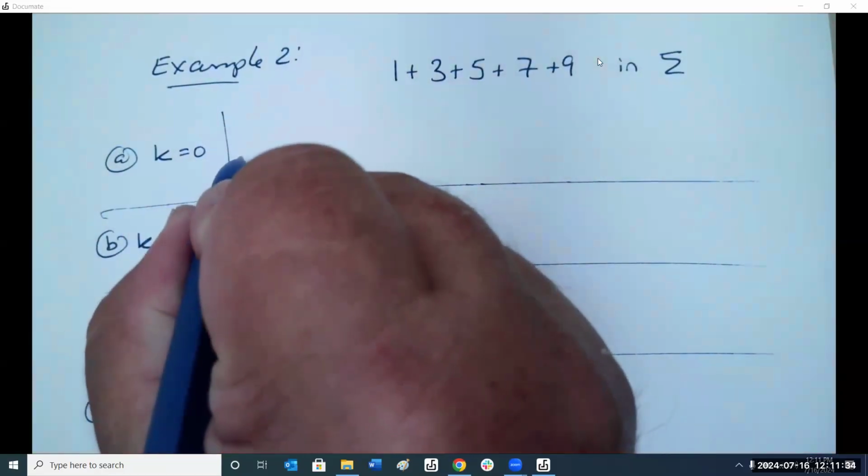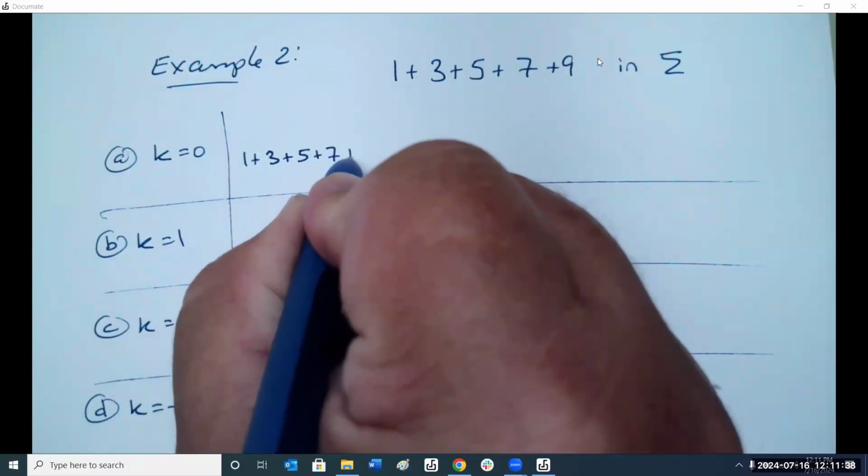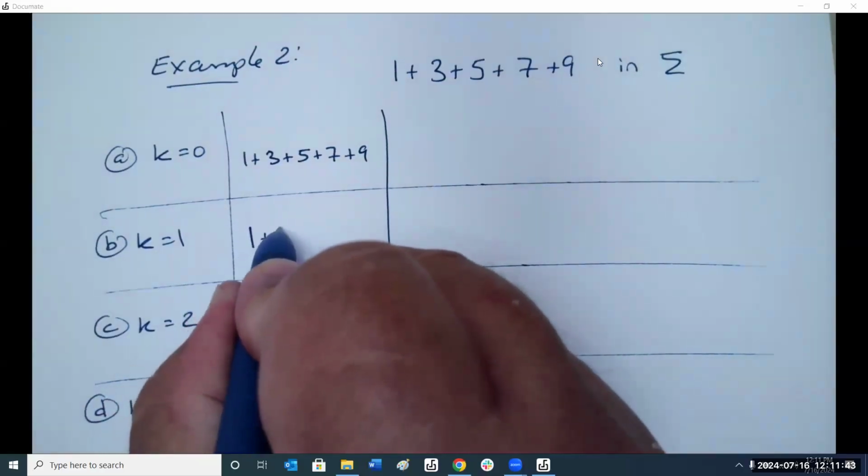Our numbers are 1 plus 3 plus 5 plus 7 plus 9. This would be the same for all of them.